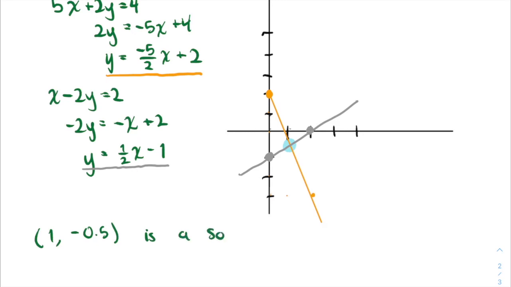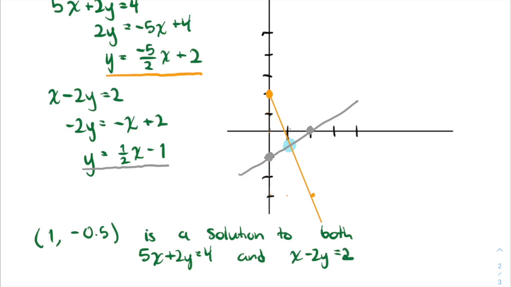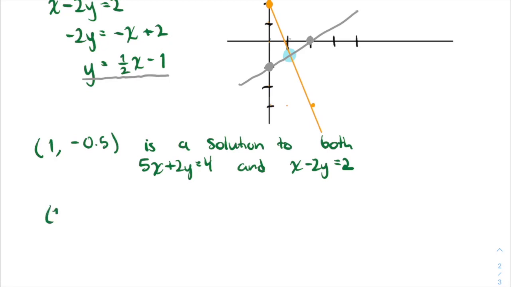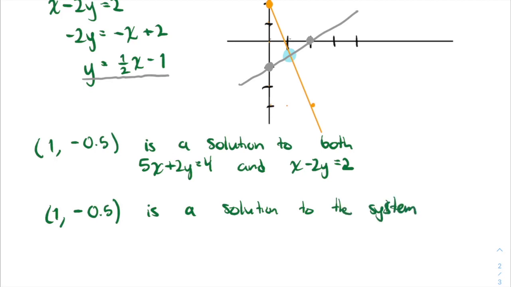It is a solution to both 5x plus 2y equals 4 and to x minus 2y equals 2. For this reason, we say that 1, negative 0.5 is a solution to the system of linear equations of two unknowns, 5x plus 2y equals 4.